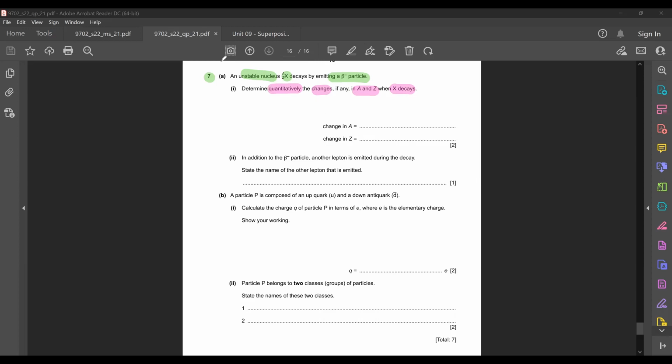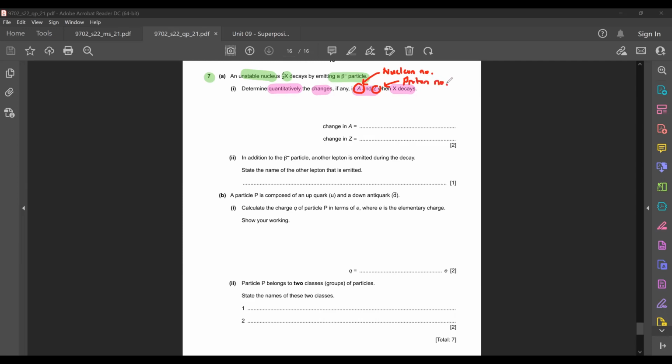Now, if you look at the question, A and Z here actually represent your nucleon number and proton number respectively. So right over here, A is actually your nucleon number, where Z is actually your proton number.